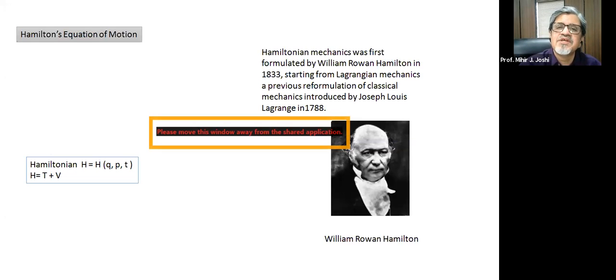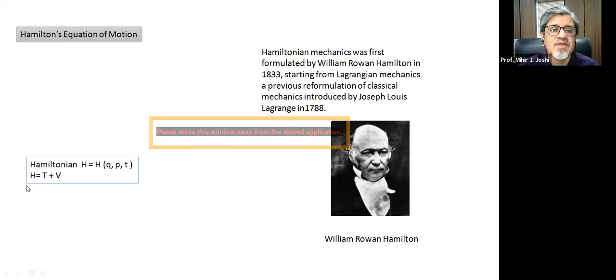So the Irish mathematician formulated this Hamilton's equation in 1833. And he started using Lagrangian mechanics, and the Lagrangian mechanics formulations were modified by him. Now we know very well that in TYBSc we have studied the Hamiltonian.